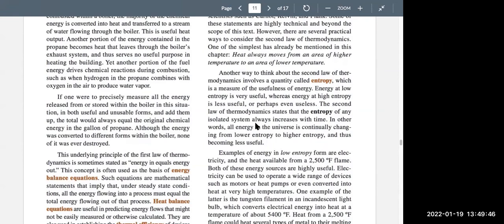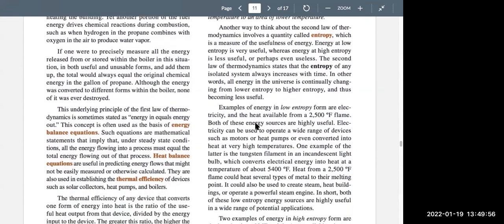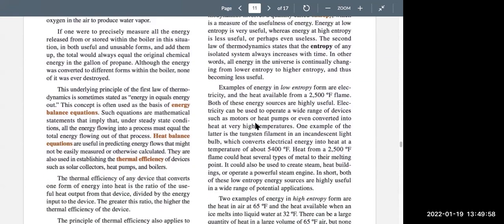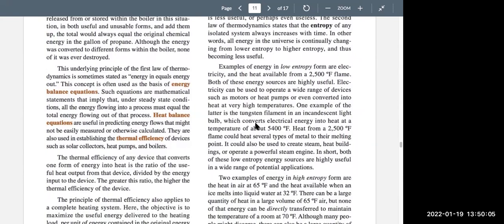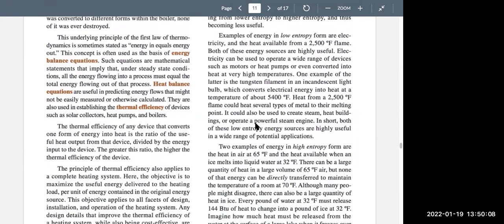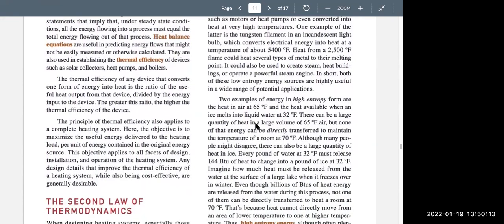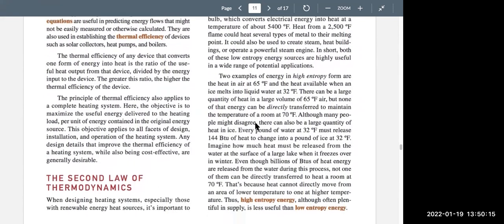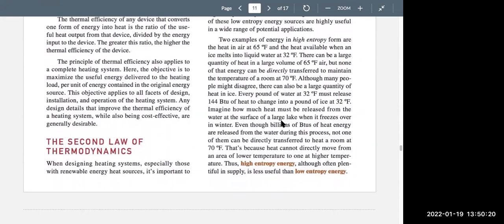There's heat out there, but it is what we would call low entropy or high entropy. So depending on the type of energy that we're using is going to determine the efficiency of what we have going on in regards to how we're going to heat or cool our house. Okay, I'll let you read through that stuff there, but that's the gist of it.